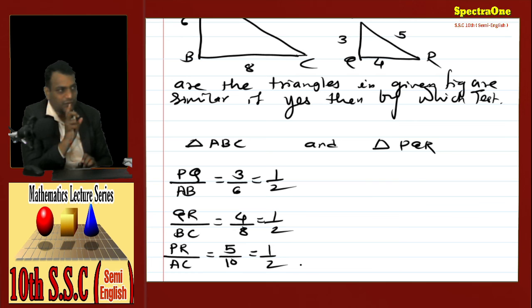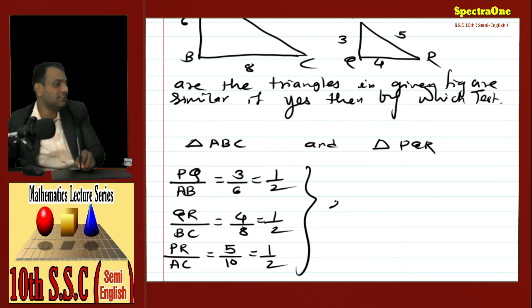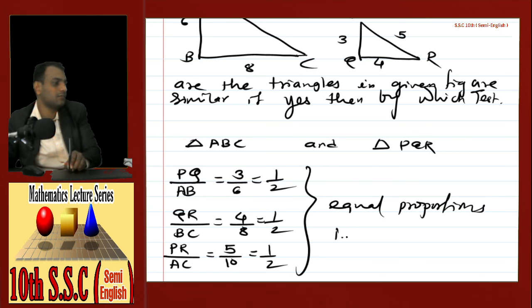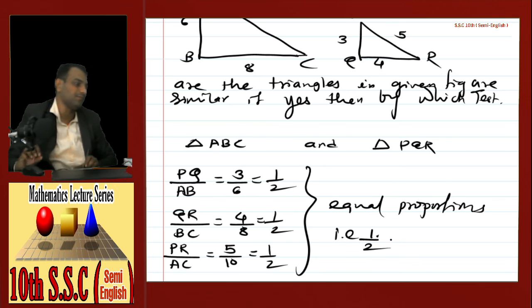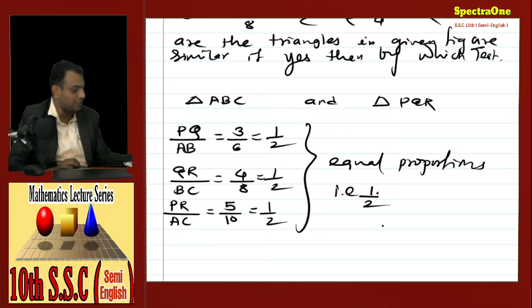That means when we consider the two triangles, their sides are in equal proportion, that is 1/2.